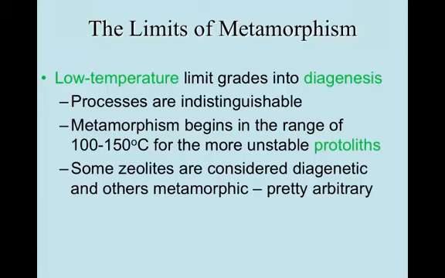So some zeolites are considered diagenetic, and others consider them metamorphic. Zeolites, I mentioned this in class, some debate whether the feldspathoids are zeolites or zeolites are feldspathoids. So those are very low temperature minerals, and it's pretty arbitrary whether you call them diagenetic or metamorphic.